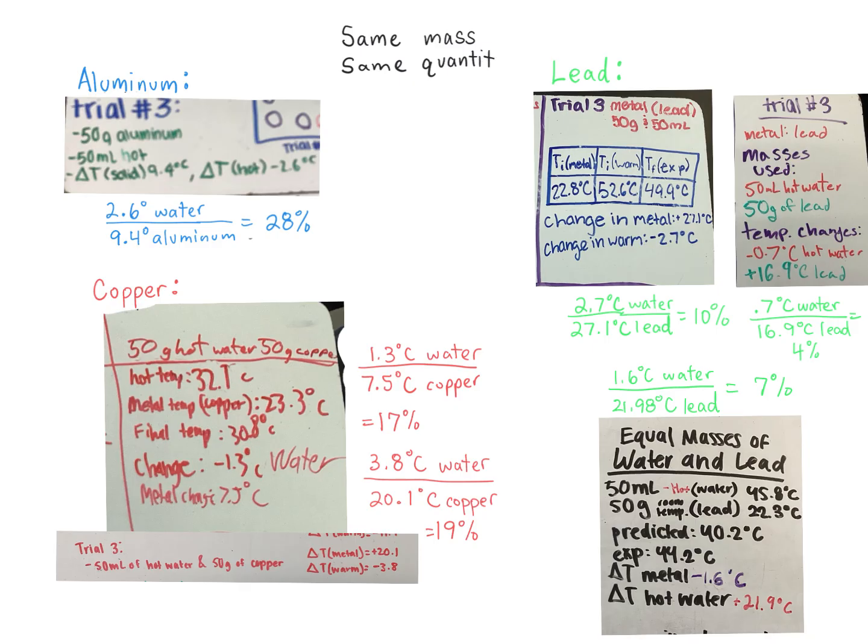The water lost the energy and the metal gained the energy, but the absolute value of that amount of energy was the same for both our metal and our water. And we also know now that they have different heat capacity, different capacity for storing energy, because they're different substances.